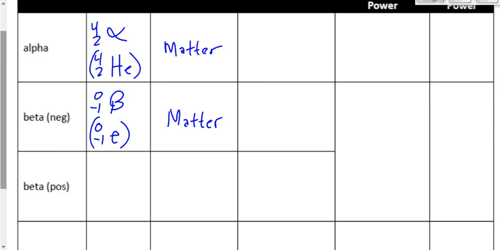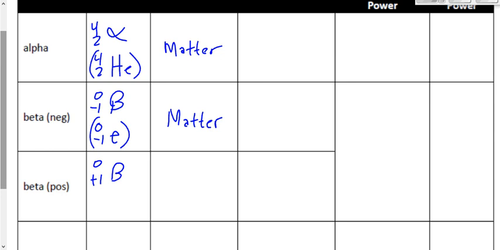Now, beta positive happens in similar circumstances as beta negative, big nuclei, small nuclei. Again, for whatever reason, it's unstable. We'll talk about that reason in a moment. As a result of that instability, it releases something that has properties that look like this, 0, plus 1, beta. How many protons?